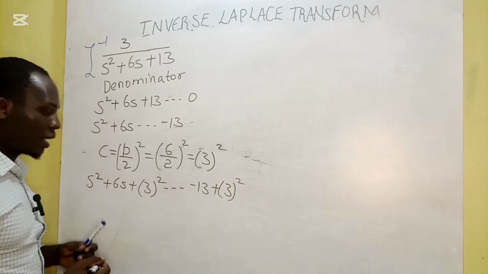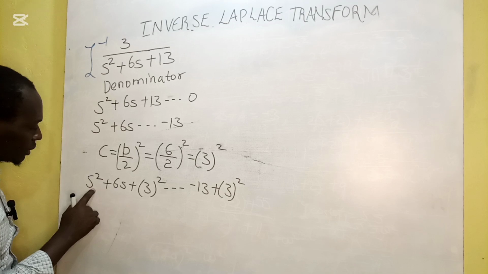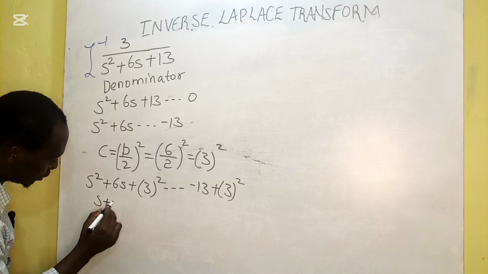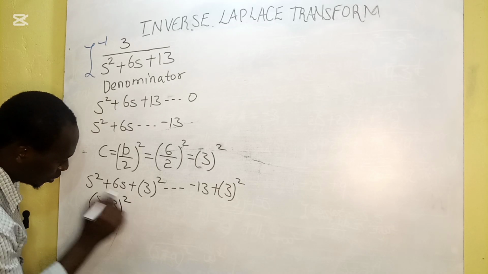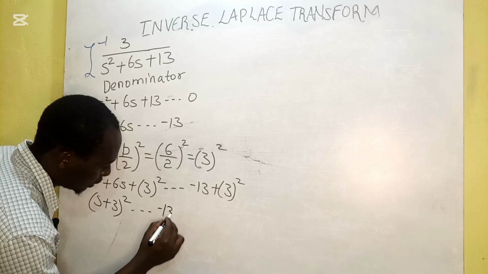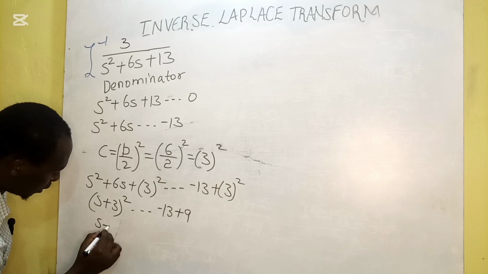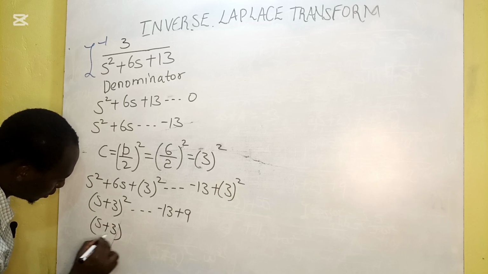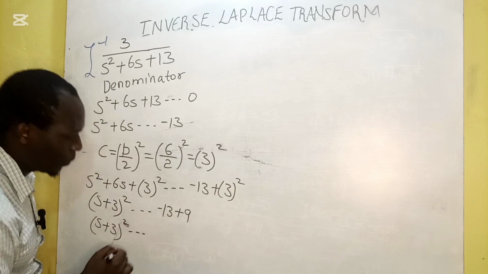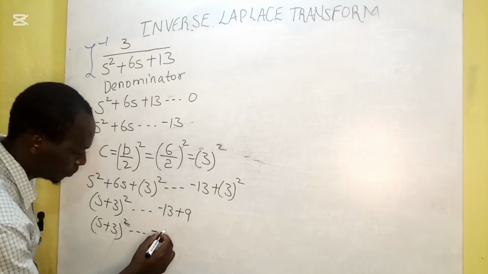On the left hand side, now we can collect the like terms, which are of power 2, and we are going to have (s plus 3) squared equals negative 13 plus 9. Here we are going to have a negative of 4.